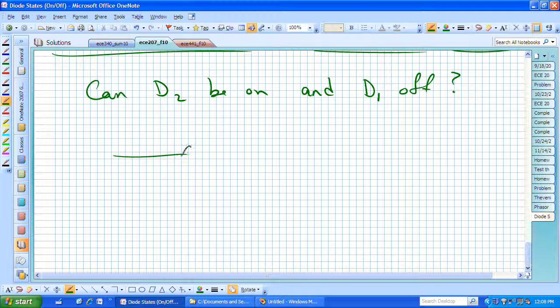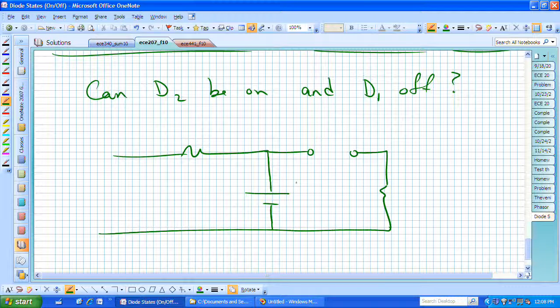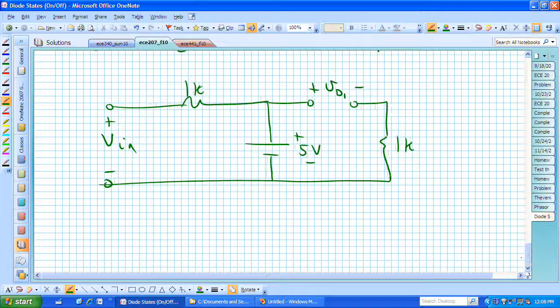Let's now sketch the circuit according to that assumption. Here's our plus 5 volts, here's our 1K, here's our 1K, here's our Vn, and here is our D1 voltage, or diode 1 voltage.